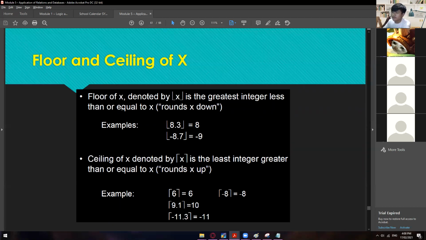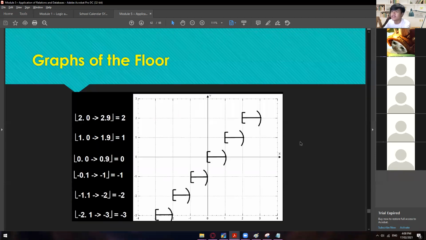So were you guys able to follow what the floor and ceiling do to our numbers? Yes, sir. Right, that's good. So here's a graph for the floor. Focus on my cursor for now. This is the floor, or the final number, for that certain range.